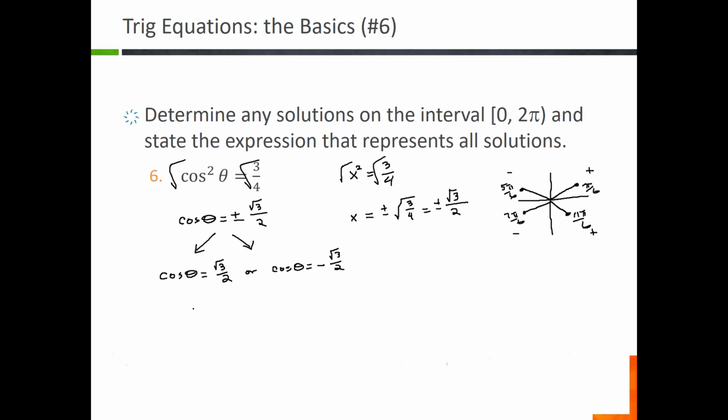So that means theta is going to equal all four of these. So we're going to have theta is equal to pi over 6, 5 pi over 6, 7 pi over 6, and 11 pi over 6. So all four of these together represent the solutions on the interval from 0 to 2 pi.